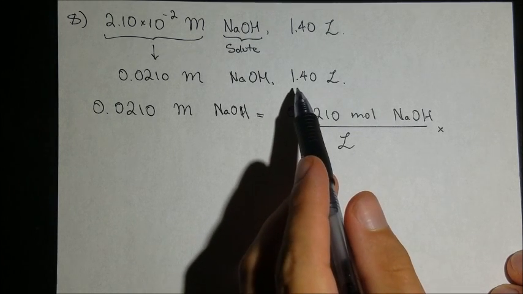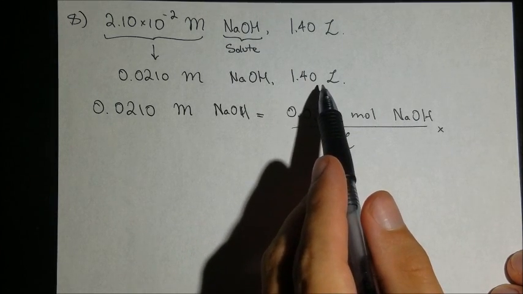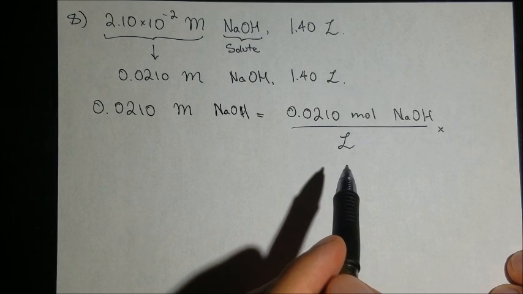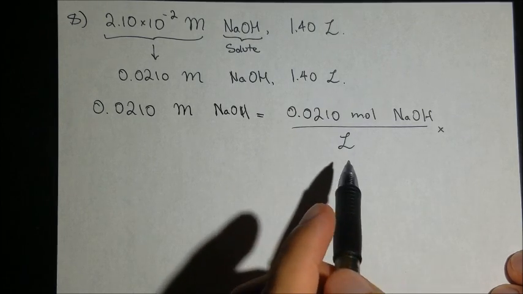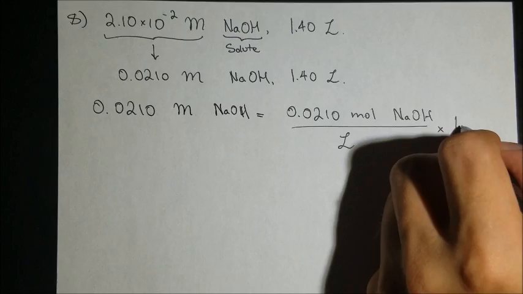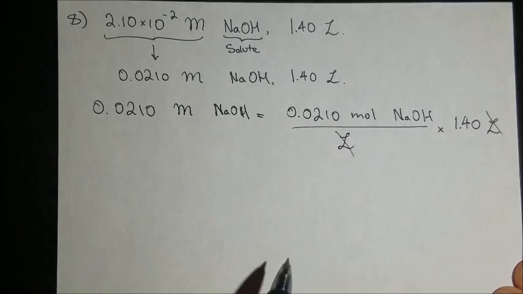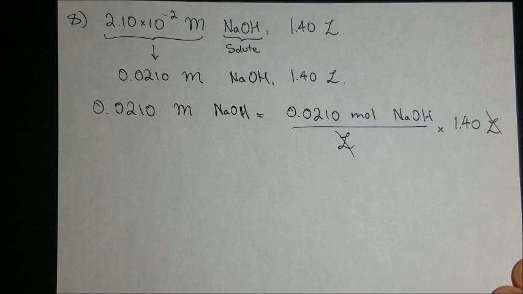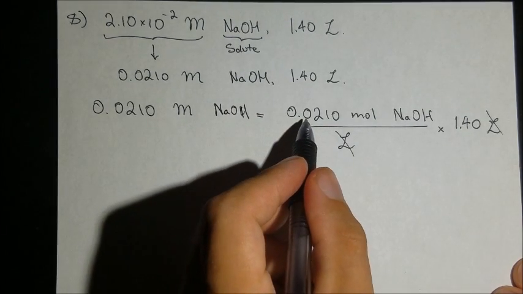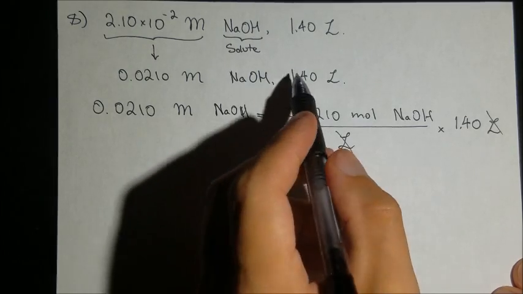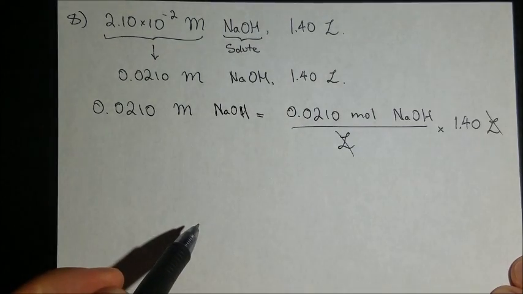But I want to make a little bit more than a liter. I want to make 1.4 liters, so I got to have a little bit more sodium hydroxide to still satisfy this concentration. So I'm going to multiply this by 1.4 liters. Now my liters are going to cancel, and this will tell me how much sodium hydroxide I need in order to make a 0.021 molar solution and 1.4 liters of it.